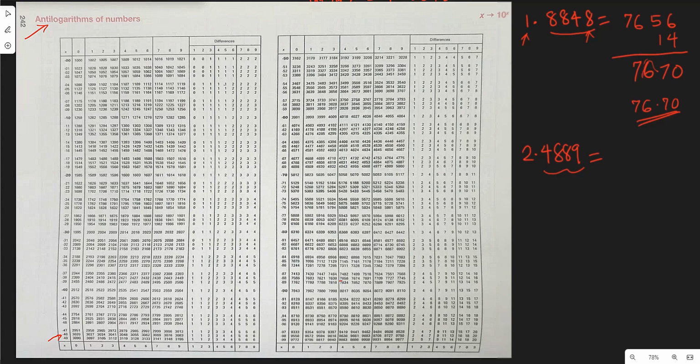Under 8, I have 3076. Now under the difference of 9, I get 6. I add it together, and I have 3082.